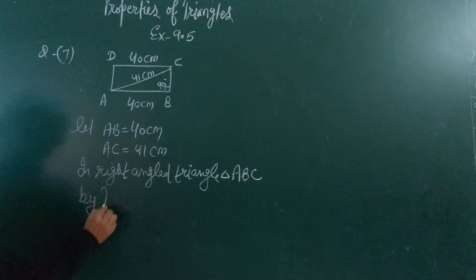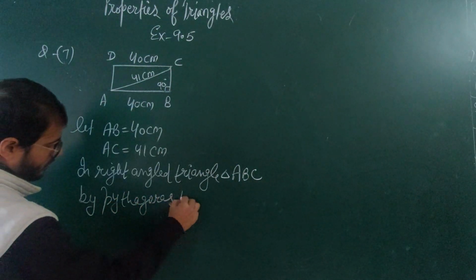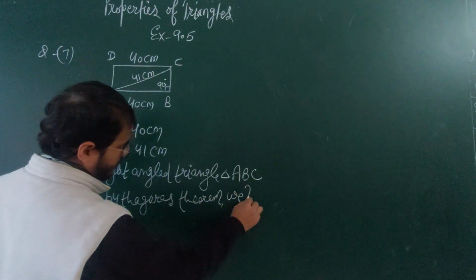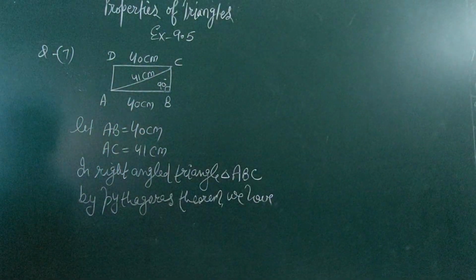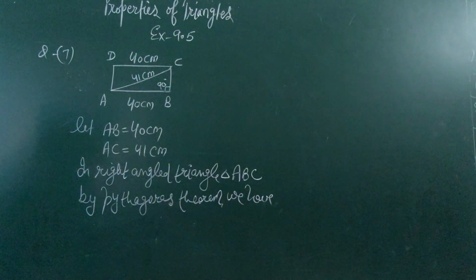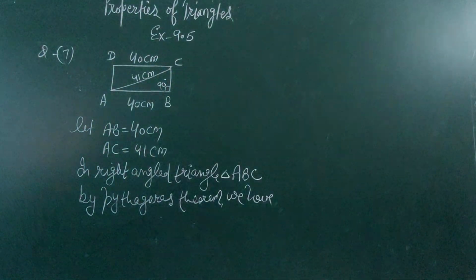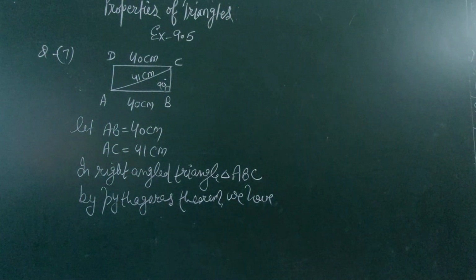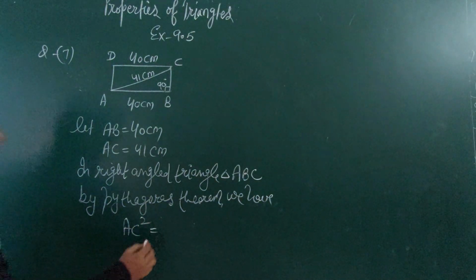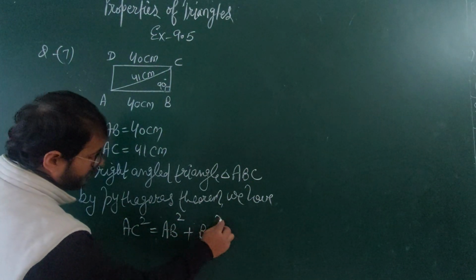By Pythagoras theorem, we have, when we will apply Pythagoras theorem here, then AC will be its hypotenuse, AB will be base, BC will be perpendicular. So as per this, we can write AC square is equal to AB square plus BC square.